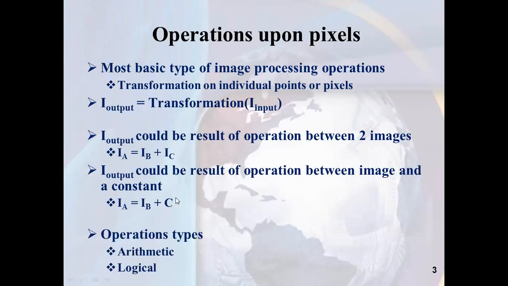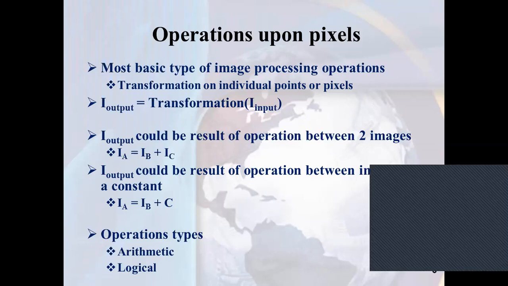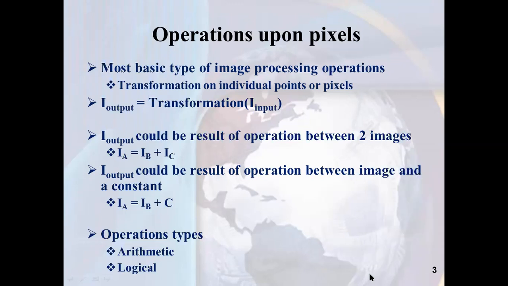So this is what we call the transformation. Either we add a value to or subtract a value from each pixel, or we make some arithmetic operation such as multiplication and division on the original pixels, or we may apply the arithmetic operations on two images. So the kinds of operation in general are two: arithmetic and logical operations.